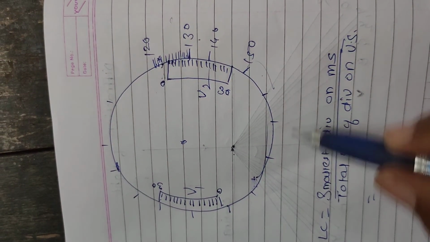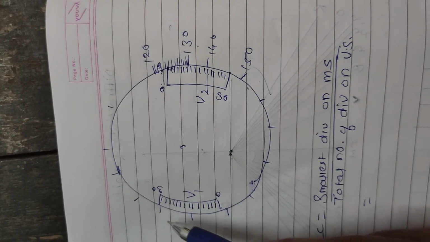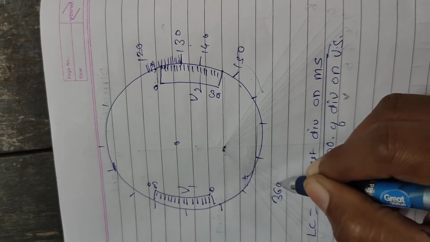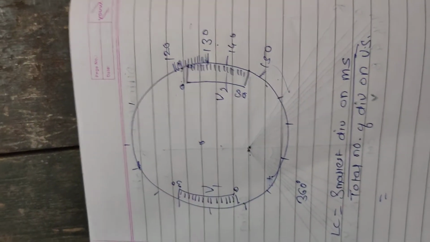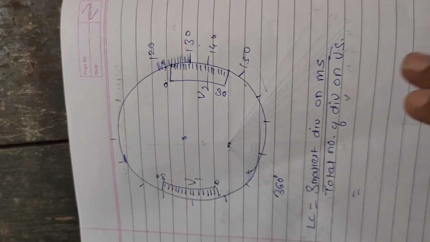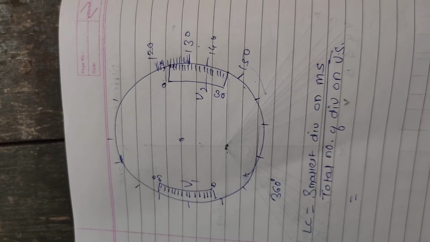Rotation of the telescope can be recorded on the circular scale, which is our main scale, and because it is a circular scale, it has a total of 360 degrees on it. If I show you through one window, we will try to find out the smallest division on the main scale.